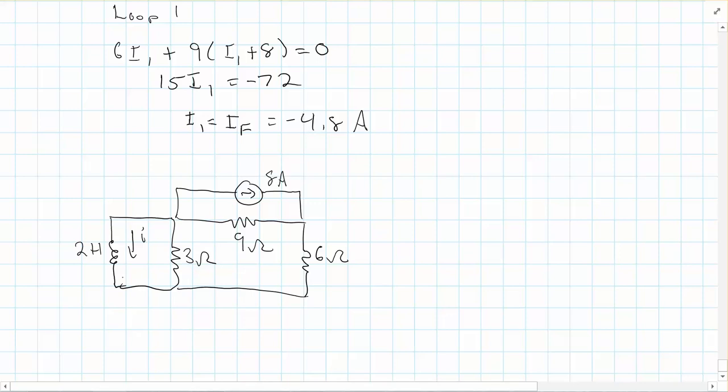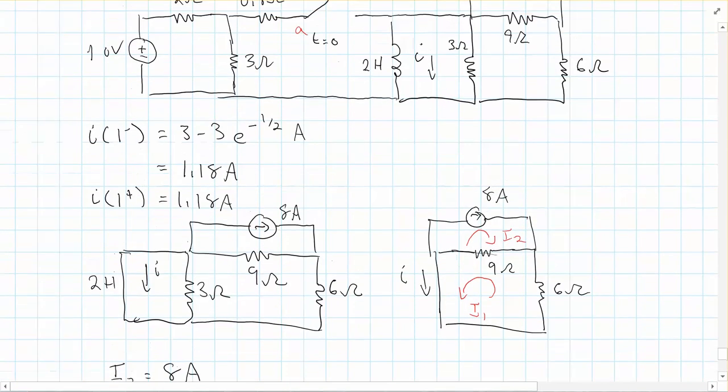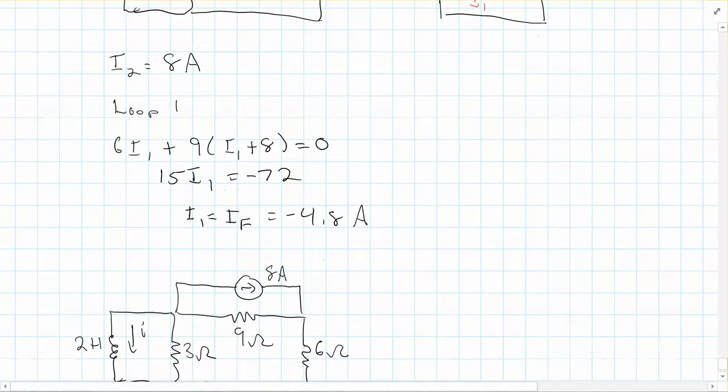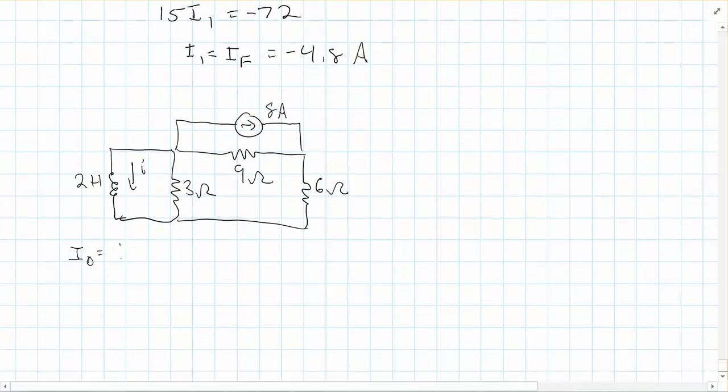Alright, so now I have my initial current, I0, which is equal to, let me scroll back up here, 1.18. I have my I final equal to negative 4.8. So what do I have left to find? I need to find my tau.